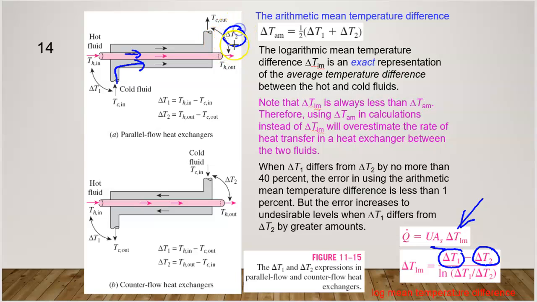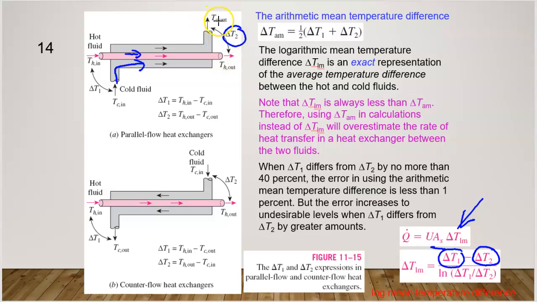It should be positive. What is the difference? Because we need to subtract it, so T H out minus T C out, and you have a positive value, because T H out is supposed to be higher than T C out.